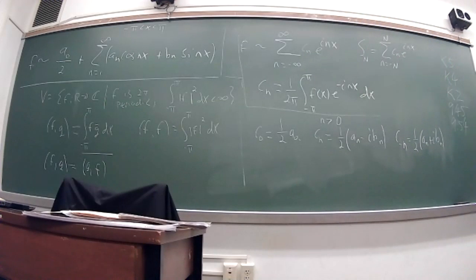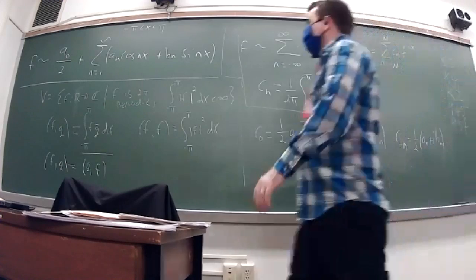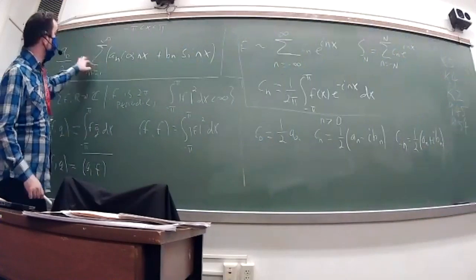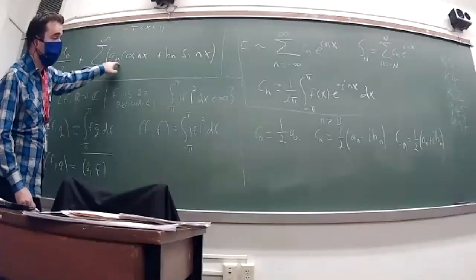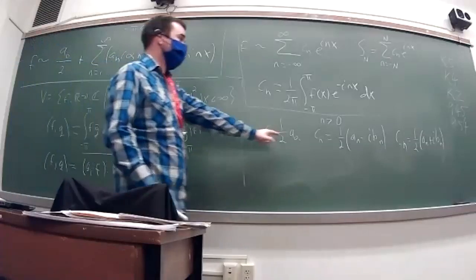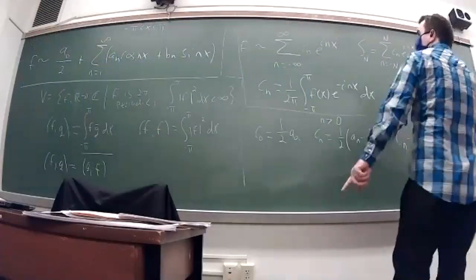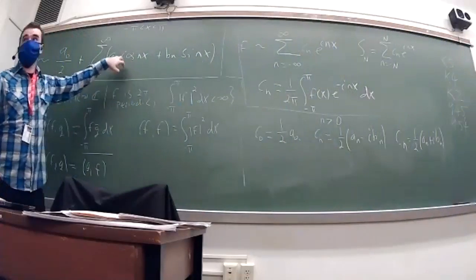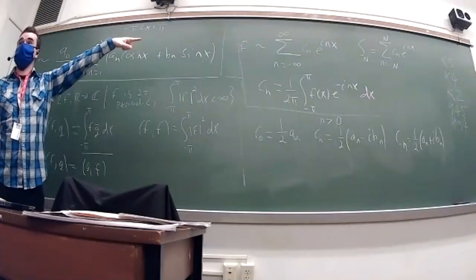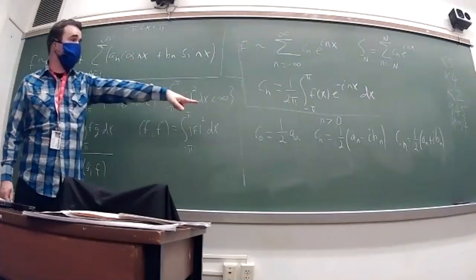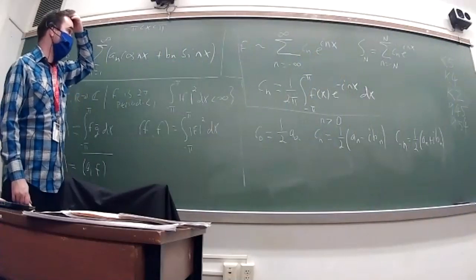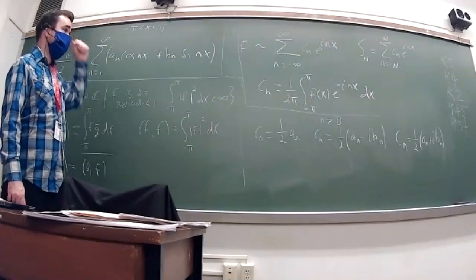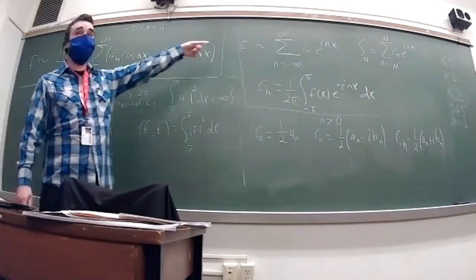I challenge you to do this: take this Fourier series, make the literal substitutions, and then use Euler's formula, and you'll see that this transforms into that. Those are the substitutions you need to make, together with Euler's formula, to start with this and end up with that.